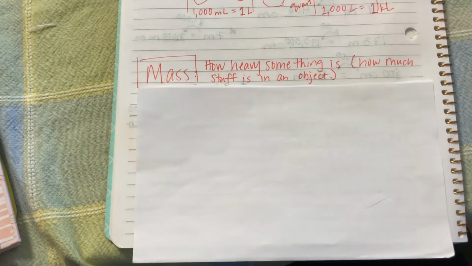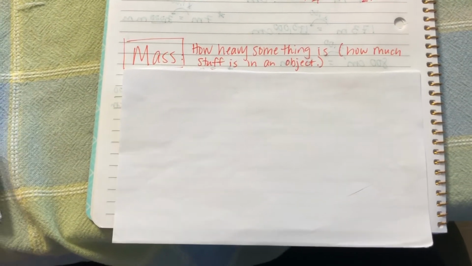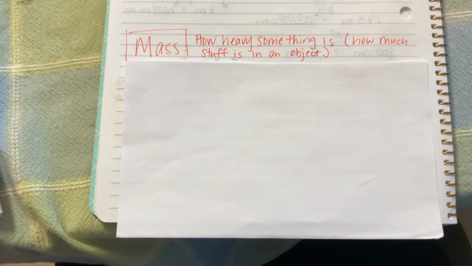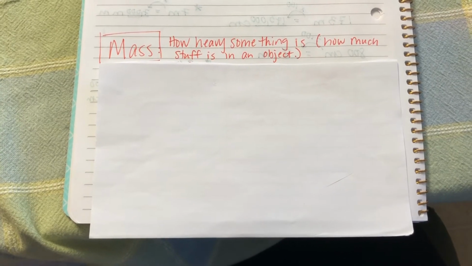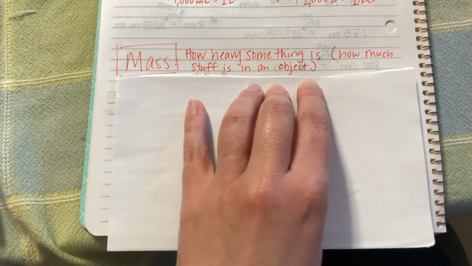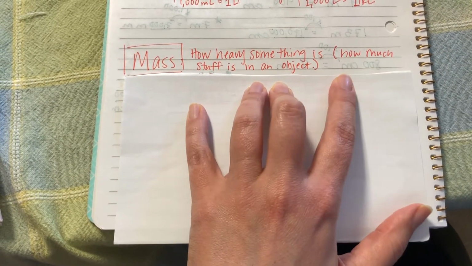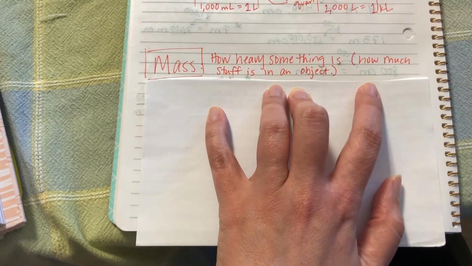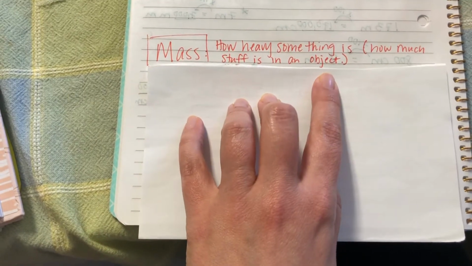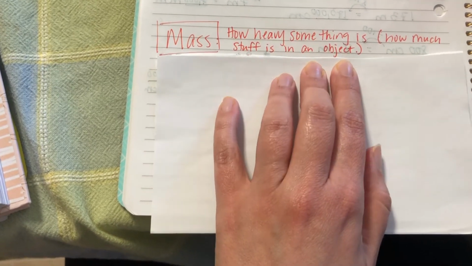And so scientists had to figure out something that was similar yet different. I don't know the exact process. That might be a good research project for somebody to figure out exactly how they discovered how to calculate mass. But I do know it has to do with atomic structures and about atoms. And basically mass is how many atoms are in an object. And so that doesn't change. If I go out into space, think about it.